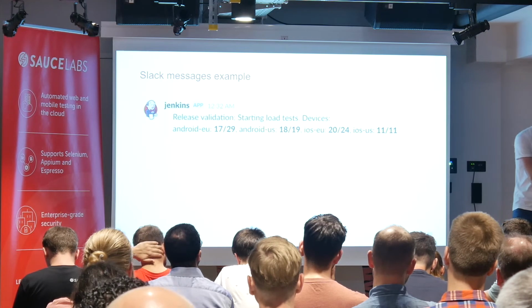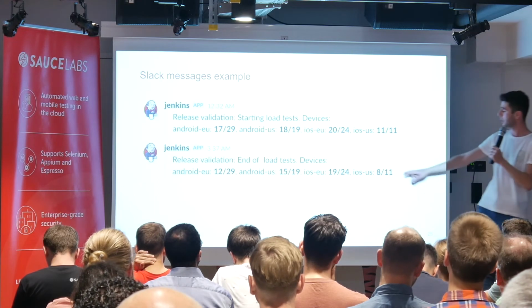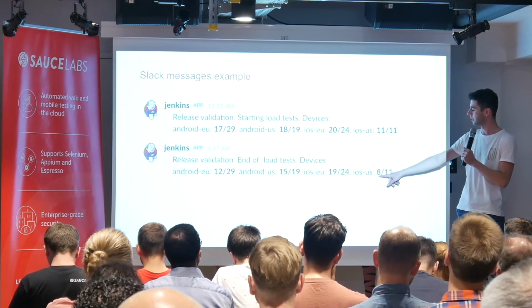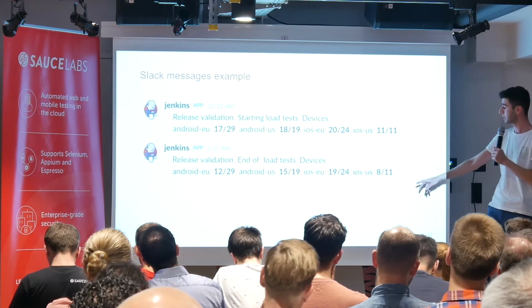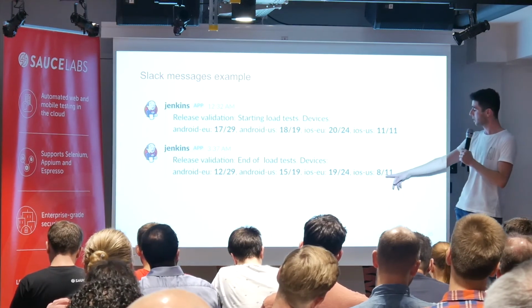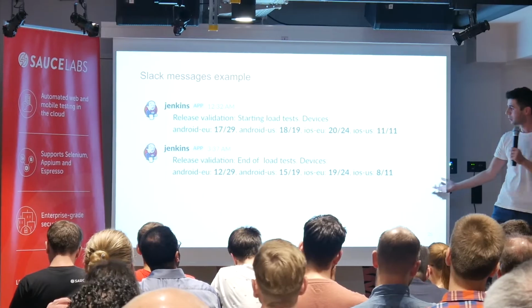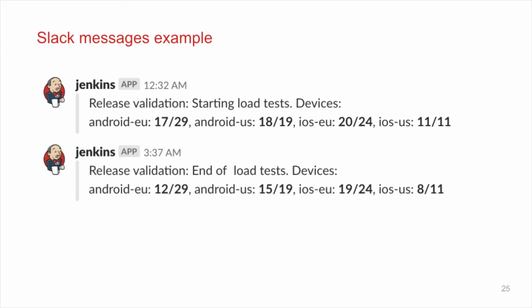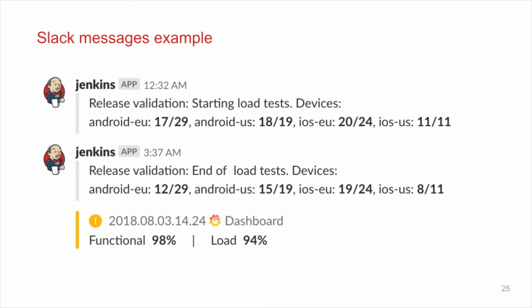And at the end of our stress test, we can see the exact same number, but after running our stress test, 3 devices went offline. So you can see, okay, 3 devices went offline, maybe they don't have battery anymore, or they have an issue or something else. So we keep tracking these numbers. It's easy for us to see them.